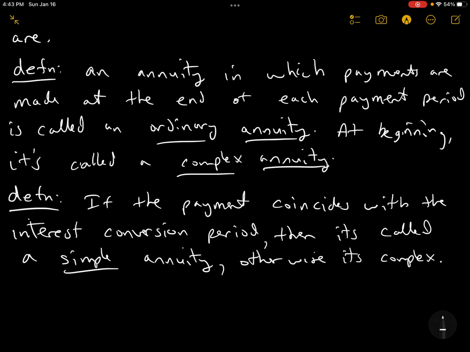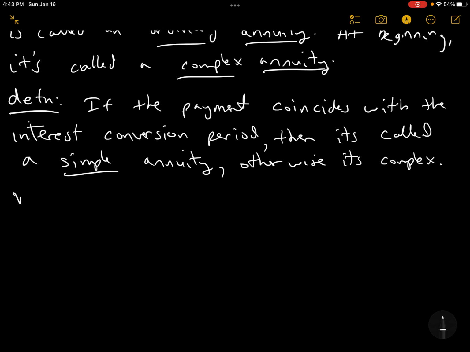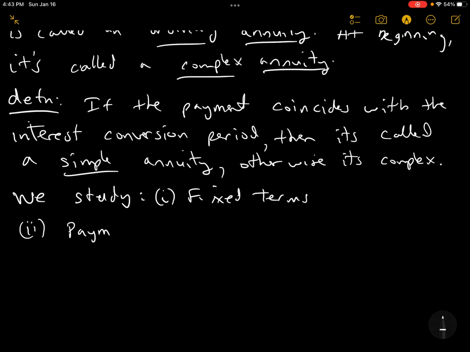Okay. In this course, we study the best case scenario. So we study what? One, we're always looking at fixed terms. Two, all the payments are equal. Three, payments are at the end.